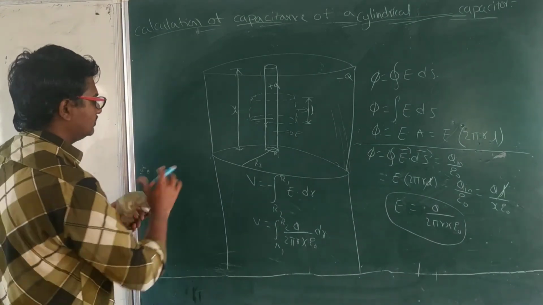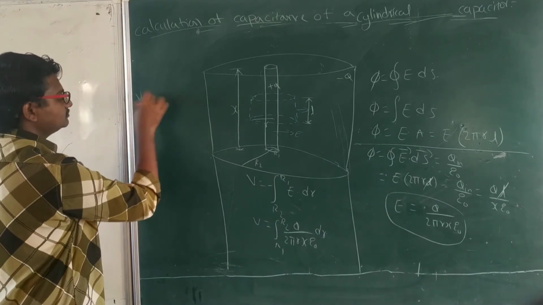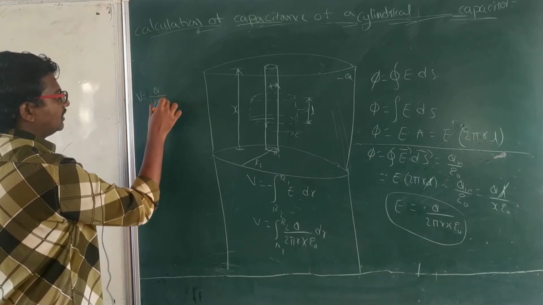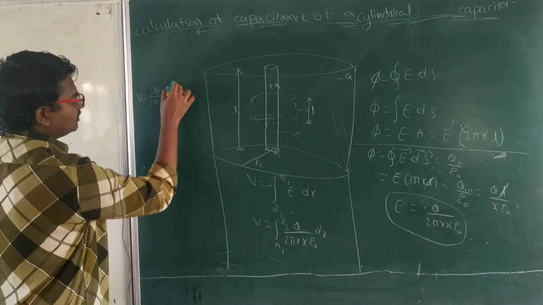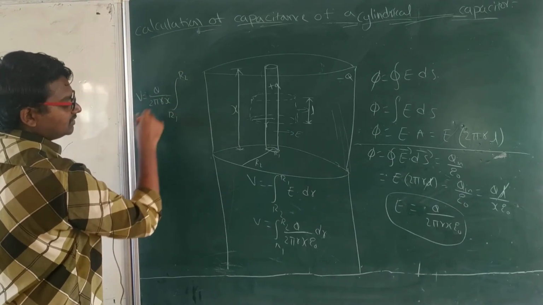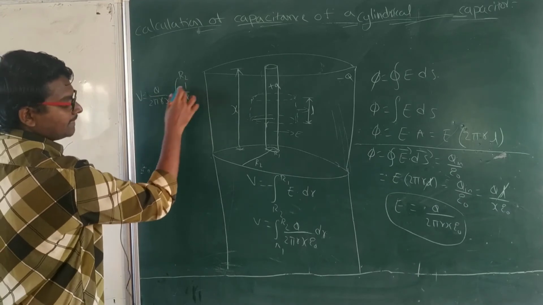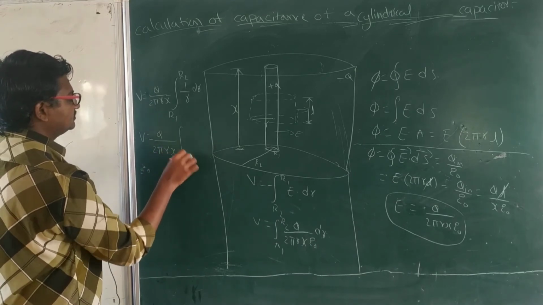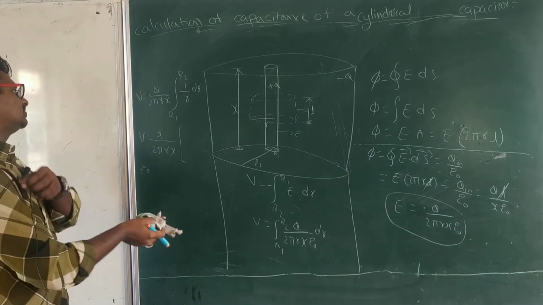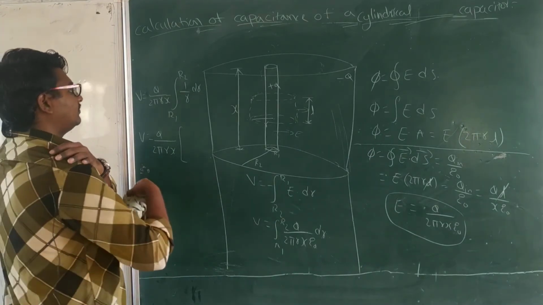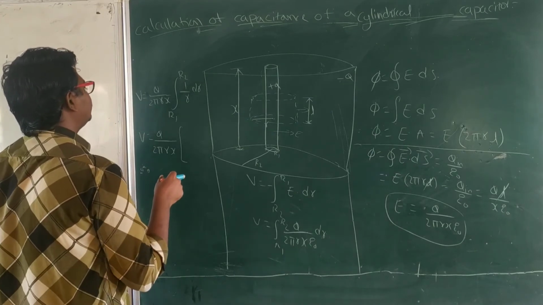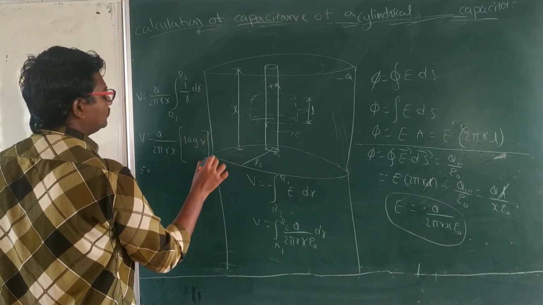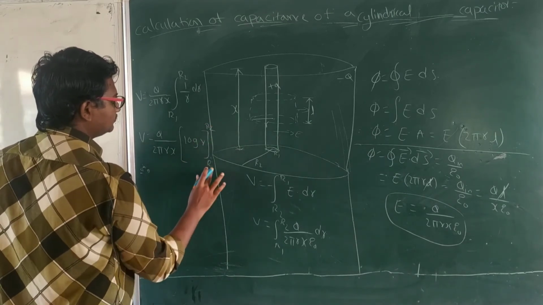Whatever things are common, we will bring them aside. Let's do the calculation here. V is equal to Q by 2 pi r x, integration with limits R2 to R1 of 1 by r dr. We already know the integration of 1 by x is log x, so here log r will come, and the limits are from R1 to R2.